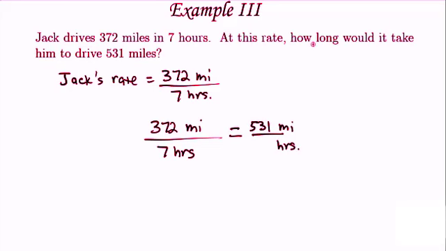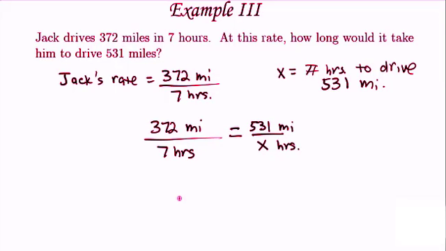And what it's asking me is how long it would take. So the question really wants to know, how long is it going to take for him to drive 531 miles? So X is going to be the number of hours to drive 531 miles going at his current speed.